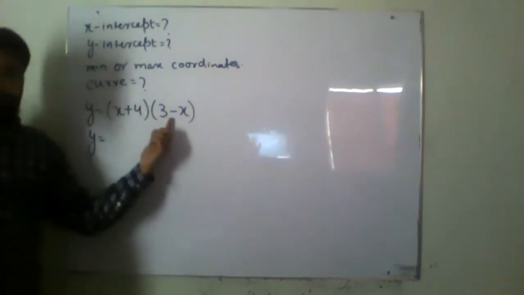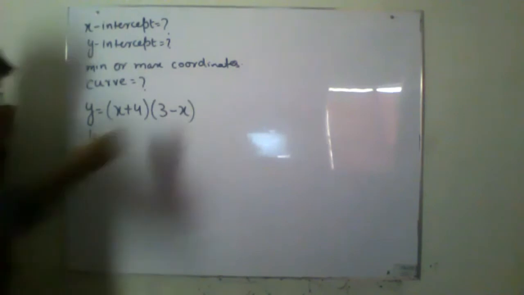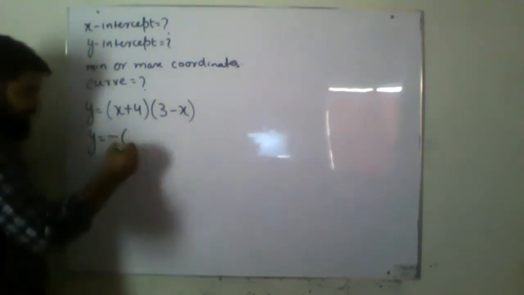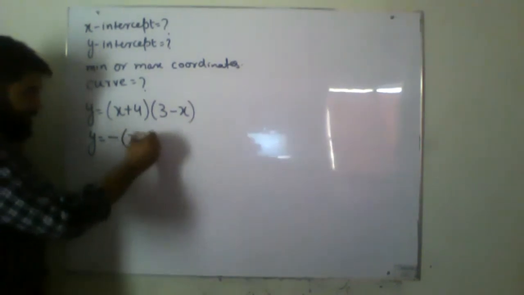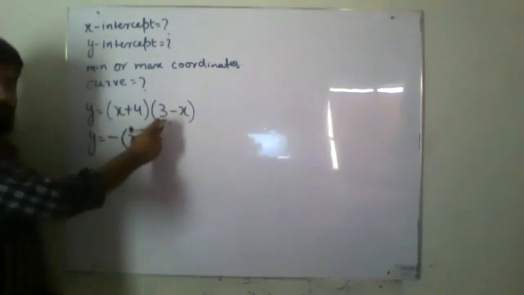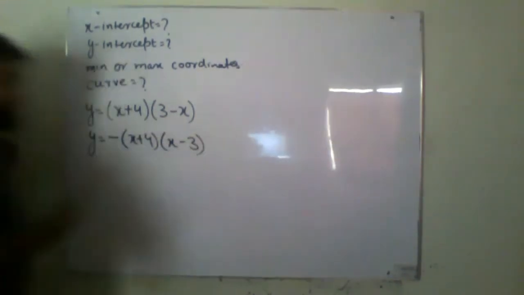But in this one x is negative. So what I am going to do, I will take minus common from here. x plus 4 will remain as it is. I have taken out minus common from here, and this will become x minus 3.